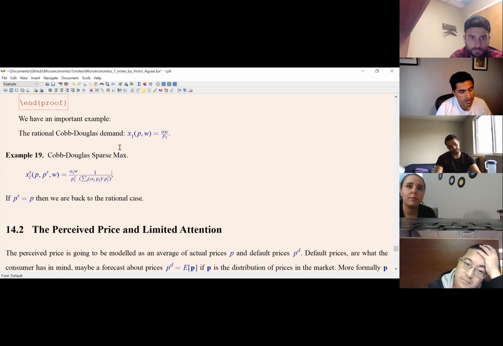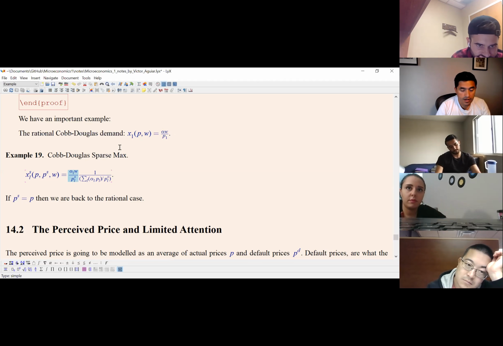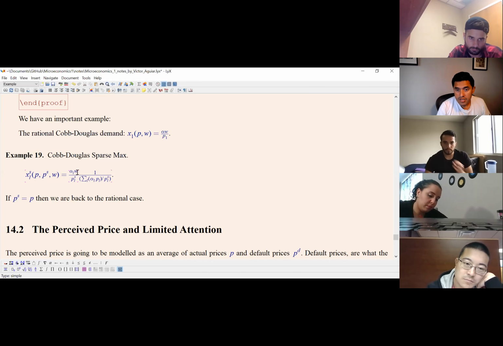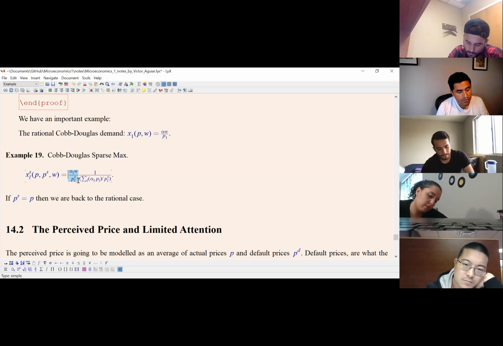So it's going to be the following. I'm just going to give you the demand, and we're going to try to derive it using the algorithm. It's alpha L, so in this case we have L goods, times W, income, divided by the fake price. So this part looks like the rational demand, but the issue is that obviously this price is fake.